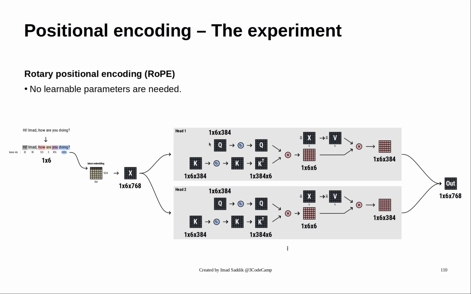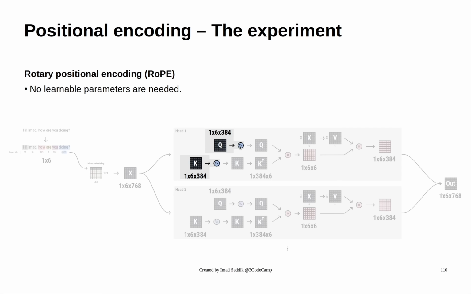When you create the key and query tensors from the inputs, you will rotate them before calculating the attention weights. So when we go to VS Code, we are going to focus on this part. So don't care about the other parts, just look at this one. You can see that here, this icon means that we are going to rotate that tensor.